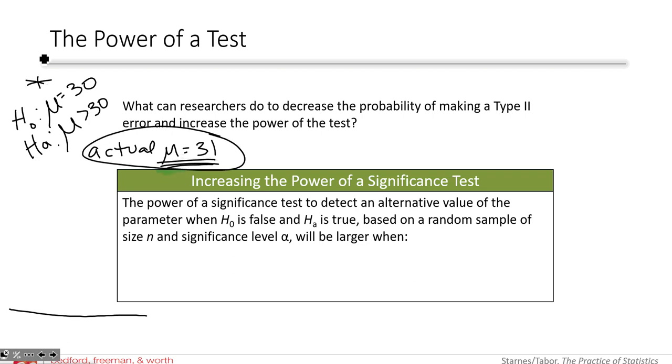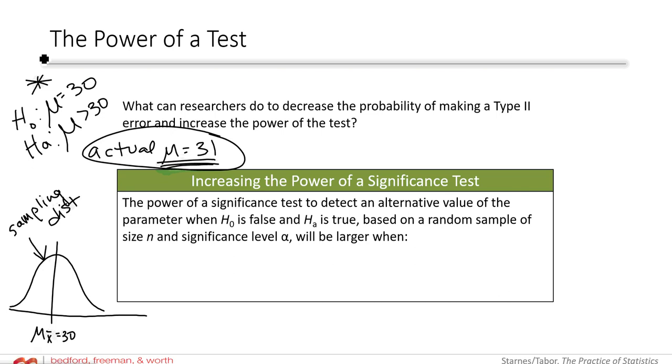I assume that HO is true. So my sampling distribution would be centered at 30 hours, right?